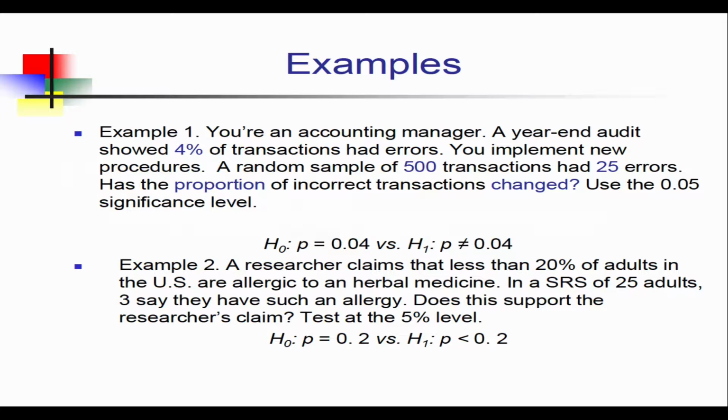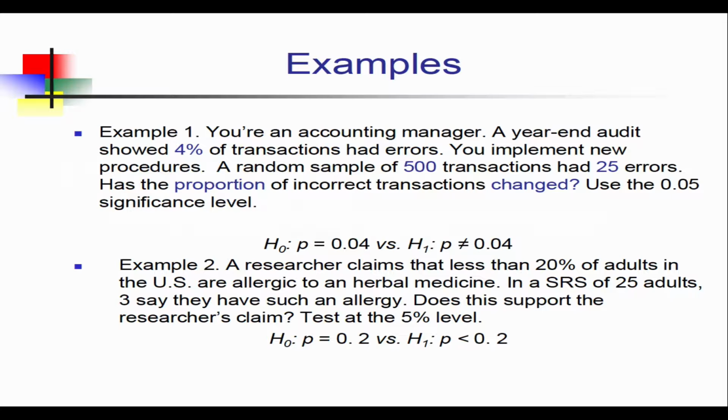That's the first example. The second example: a researcher claims that less than 20% of adults in the US are allergic to an herbal medicine. In a simple random sample of 25 adults, 3 say that they have such an allergy. Does this support the researcher's claim? The researcher wants to show that this proportion of allergy is less than 20%.